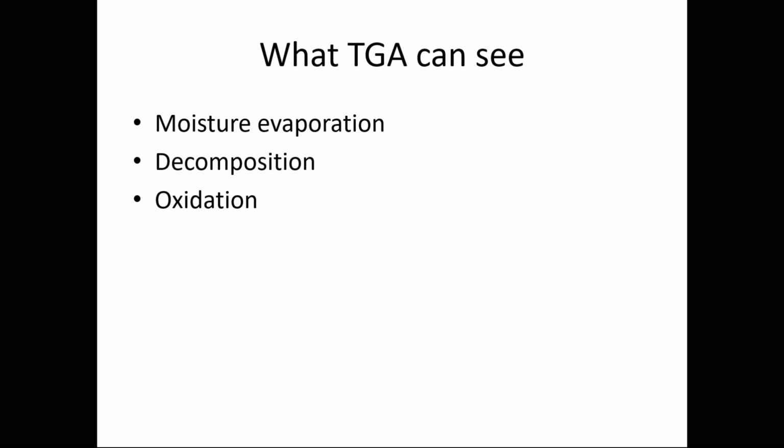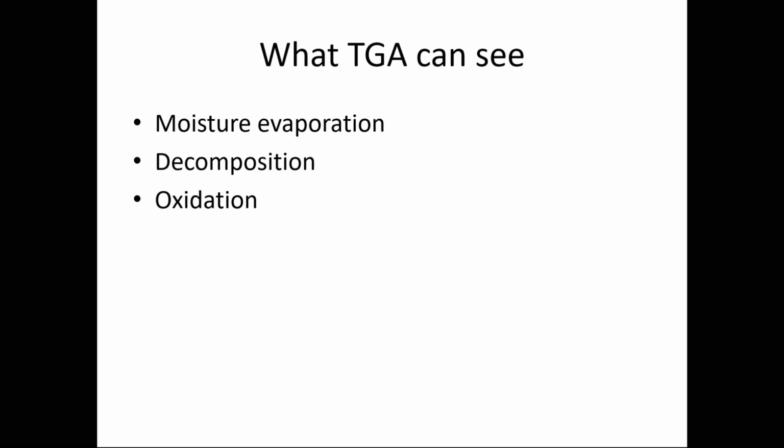Then you will see a loss of weight for a sample. A sample could also lose weight when it is decomposing, if at least one of the products of decomposition is volatile. In this case, you will be observing decomposition of your material, and the sample will start losing weight.